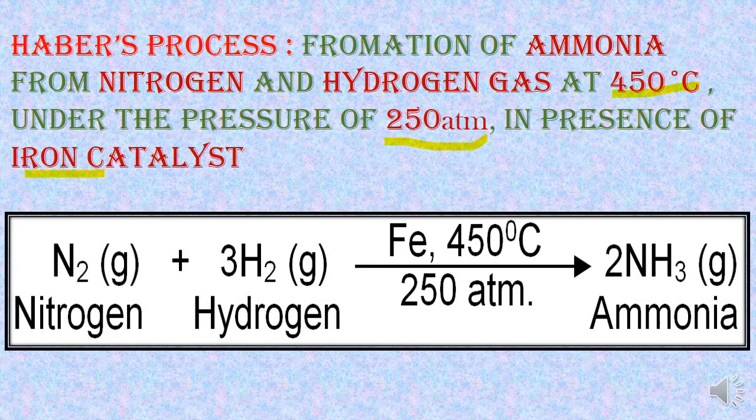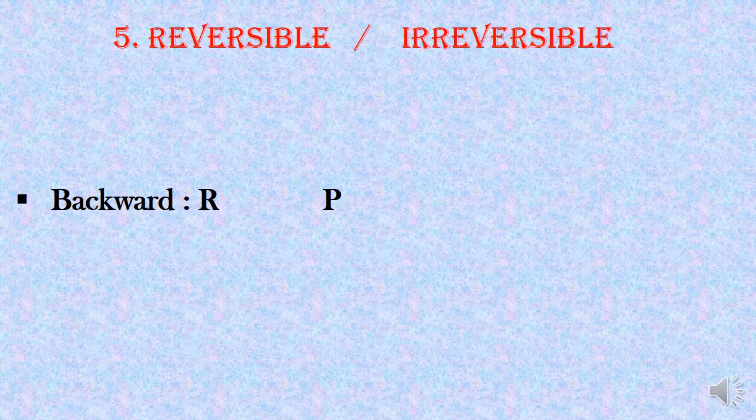So this will be the representation of Haber's process. Nitrogen in the gaseous state reacts with hydrogen in the gaseous state in the presence of iron as catalyst and under 450 degrees Celsius and 250 atmospheric pressure to produce ammonia, which is also in the gaseous state.